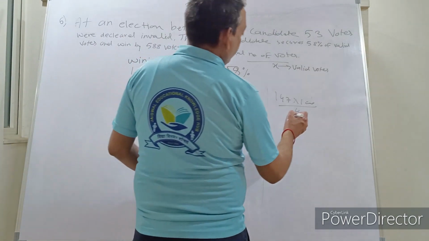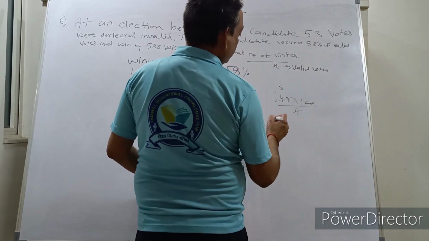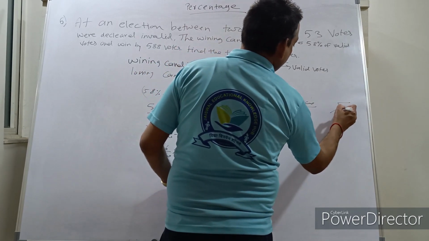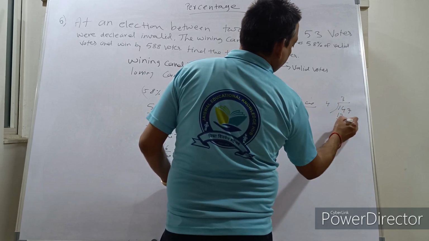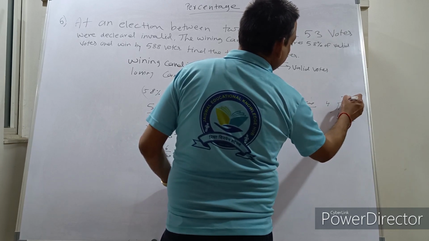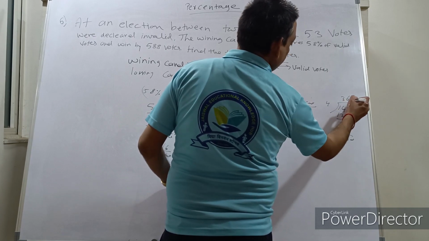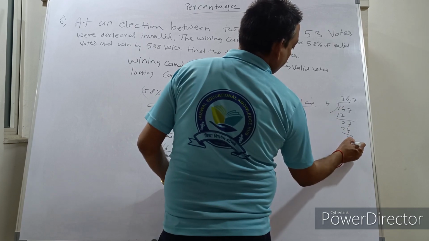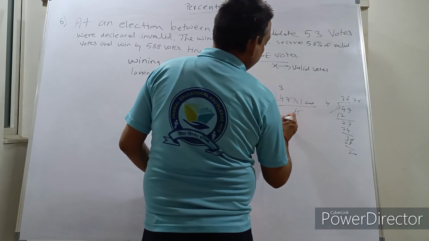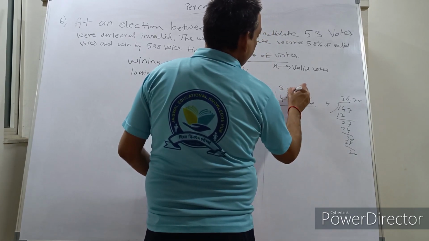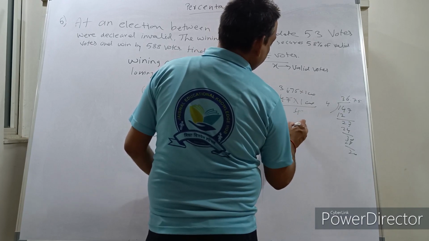You can cancel by 4, or you can just do it like this also, 147 divided by 4, so 4 threes are 12, 2, 27, 4 sixes are 24, 3, 30, 4 sevens are 28, 2, 20, that will be 4 fives are 20. So this will be 36.75 into 100, so that becomes 3675.